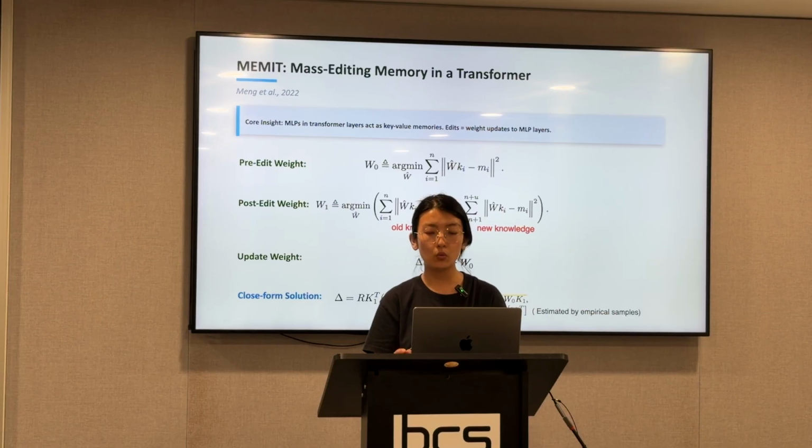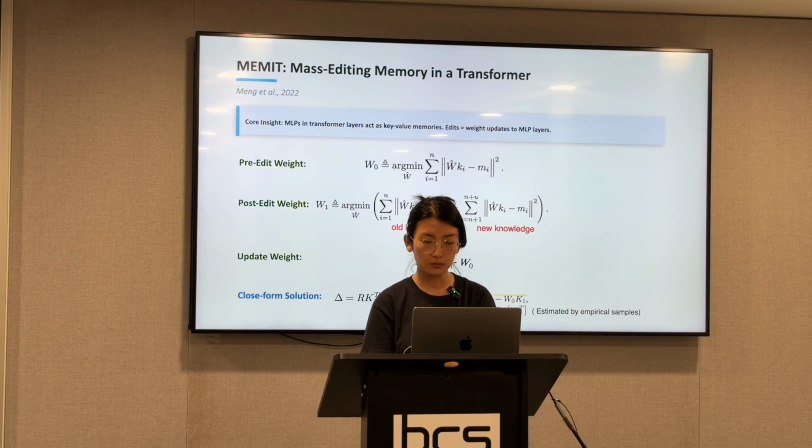Editing then becomes a weight update problem. We want to change the MLP weights from W0 to W1 so that a given key maps to a new value, the updated fact, while preserving all existing mappings. The weight update itself has a closed-form solution, which makes MEMIT both efficient and scalable.